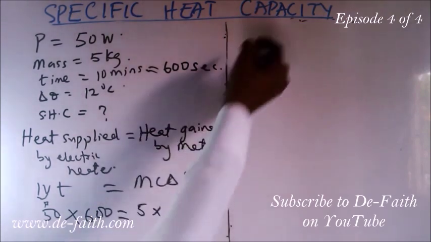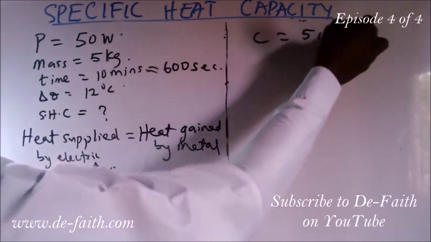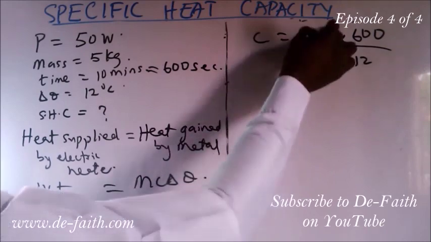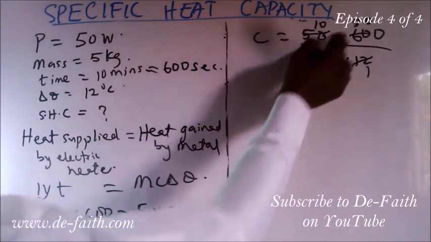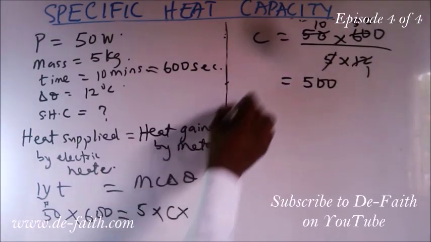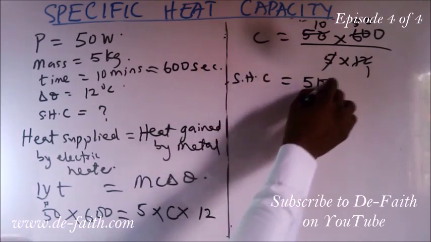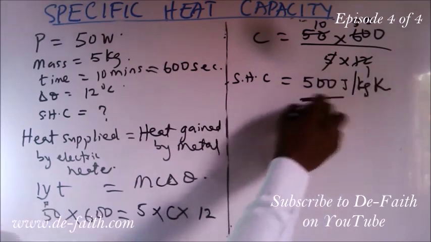And so we'll make C the subject of this equation, and we'll have 50 times 600 divided by 5 times 12. 5 here, we have 10, 12 into this, so we have 10 multiplied by 50, that's 500. Hence, the specific heat capacity of the metal equals 500 joules per kilogram per Kelvin.